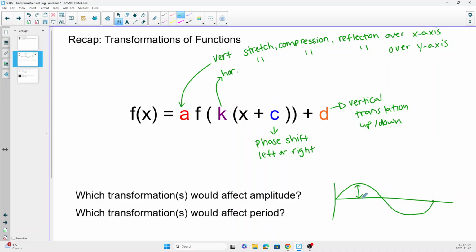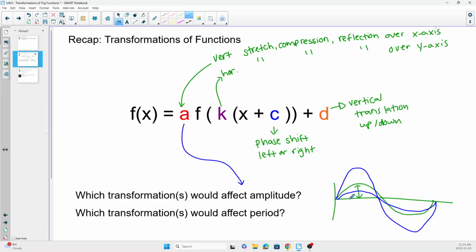So what would cause that amplitude to change, to become greater or smaller? That would be a vertical stretch, which would cause the amplitude to become greater, or a vertical compression could cause the amplitude to become smaller. So these transformations here are going to impact the amplitude.